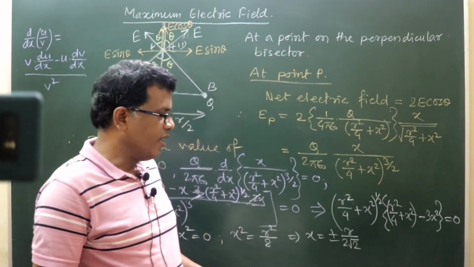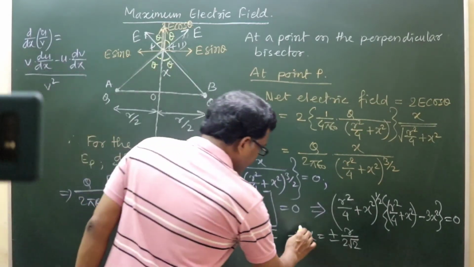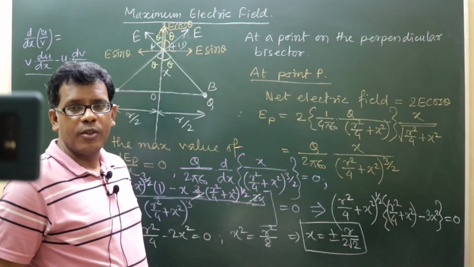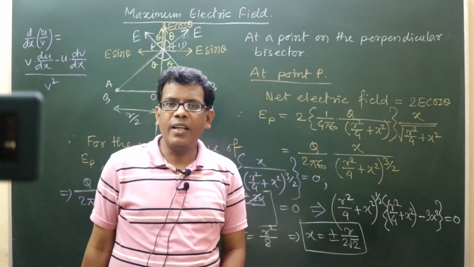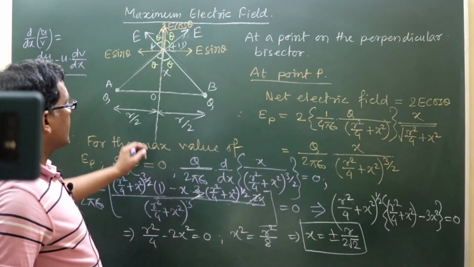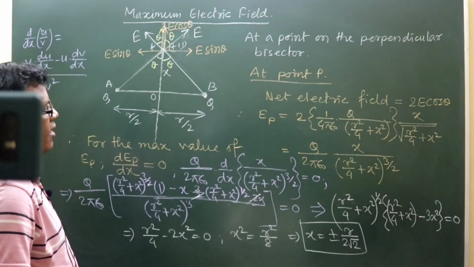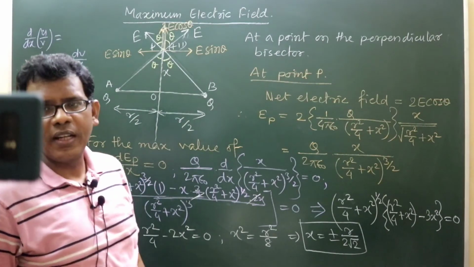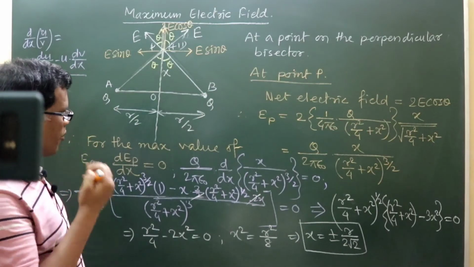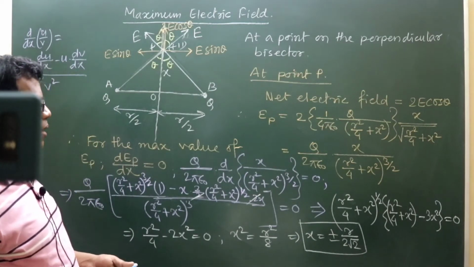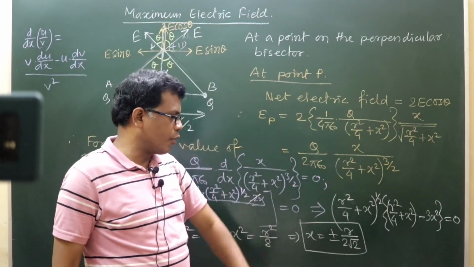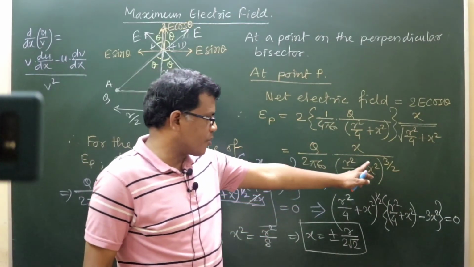Symmetry points, right? So the value of x, which is magnitude r by 2 root 2, will be that exact position on the bisector line at which the electric field can be maximum. Got it now? So we have got the position, and in fact that maximum value you can find out in this final expression, putting x square equal to r square by 8.